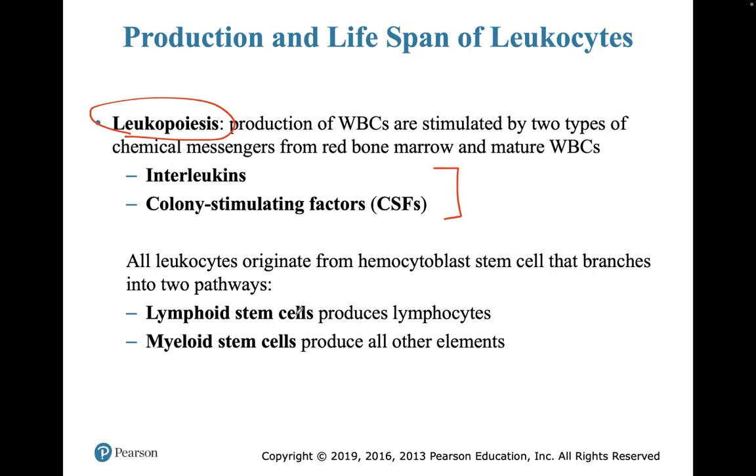Now, production of leukocytes is a little bit more complicated than erythrocytes. They follow two paths. The first path produces lymphocytes, and the second path produces everything else. Lymphocytes are produced from lymphoid stem cells, and everything else is produced from myeloid stem cells.